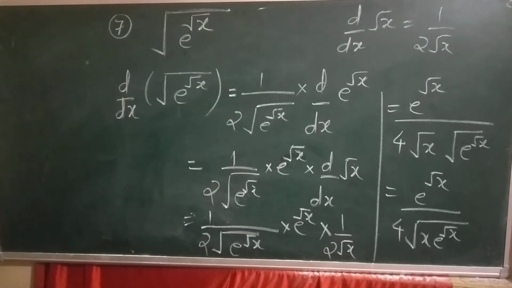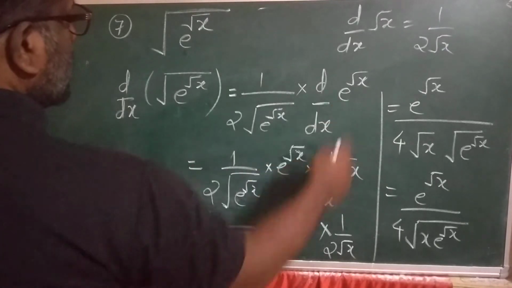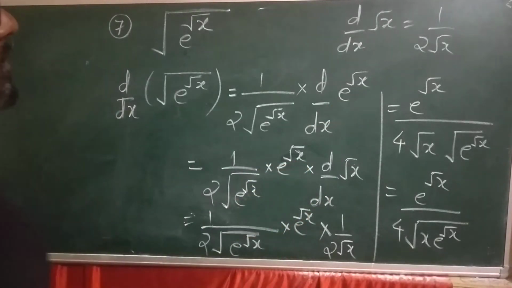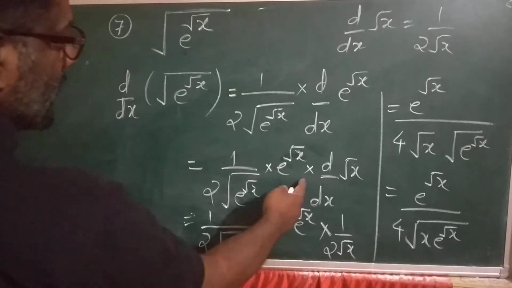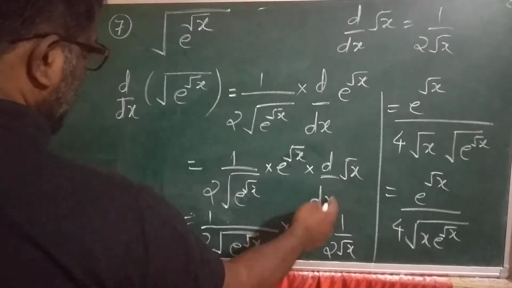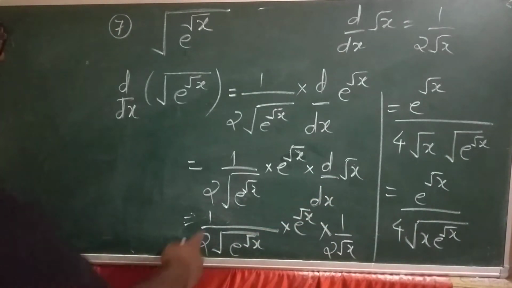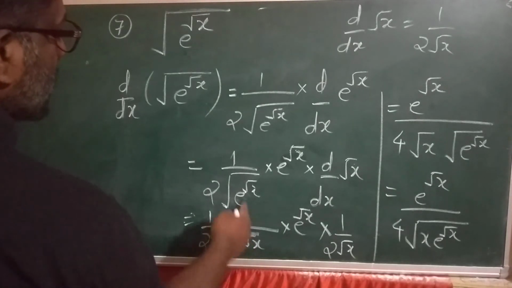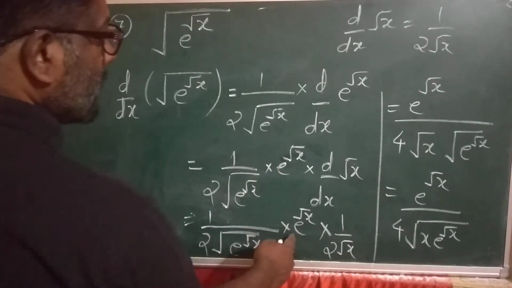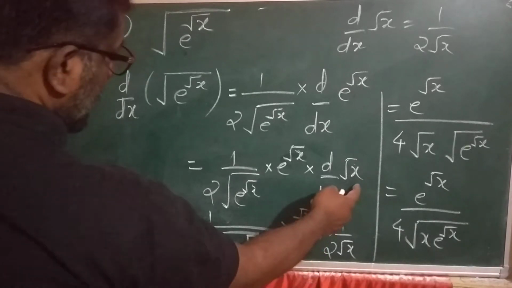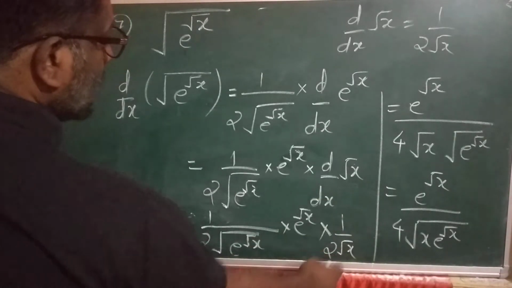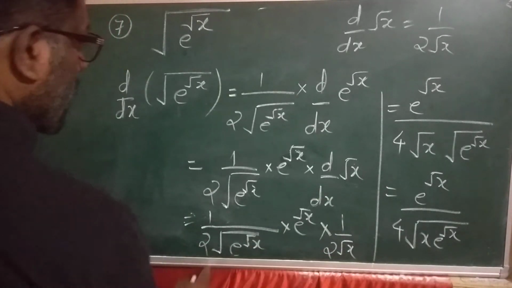Now the second derivative is for e to the power root x, that is e to the power root x only, and the last derivative is for root x only. So 1 upon 2 root e to the power root x into e to the power root x, and the derivative of this root x is 1 upon 2 root x. 2 into 2 is 4.